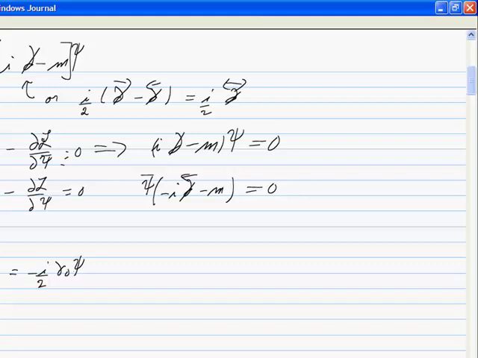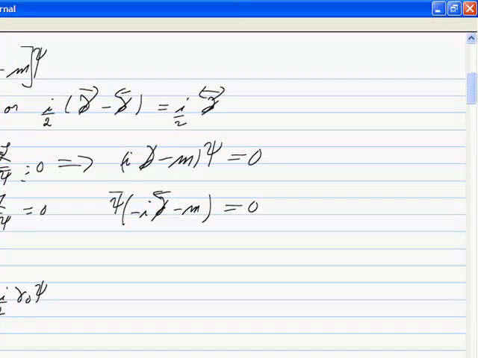So d0 psi bar sits right there, the time derivative, so there's the gamma 0, the minus i over 2 gamma 0. I get that. Pi is the variation with respect to d0 psi, which is plus i over 2 psi bar gamma 0.